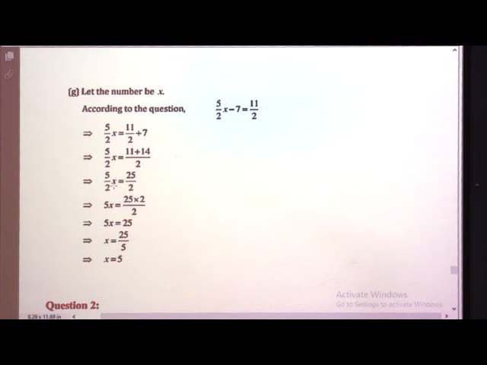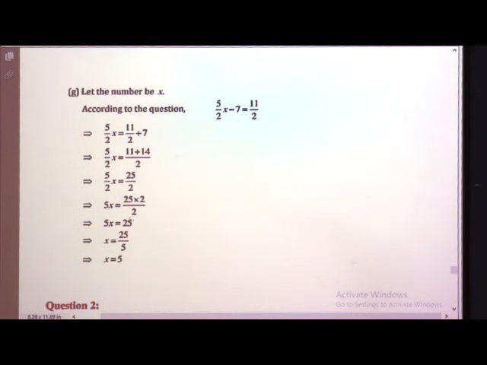So, 5x: I told already, when it is x, y or any variable, you have to consider it is in the numerator. So, it will be 5x is equal to 25 upon 2. Here it is division, so it will go in multiplication. So, 25 multiplied by 2.